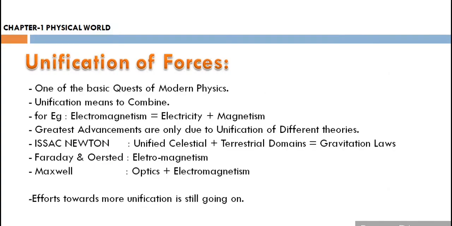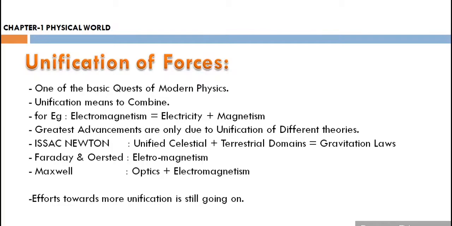Now another important topic that might not be included in a main topic, but is very important, right? One of the basic quests of modern physics is the unification of forces. Now what do you mean by the word unification? Unification means unity, and unity means combination.